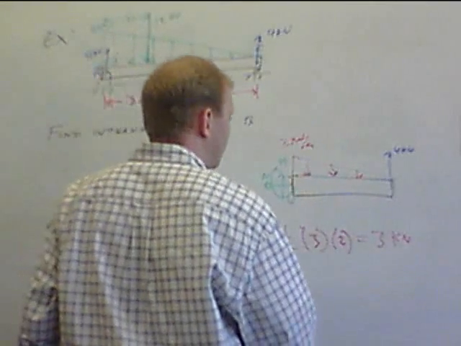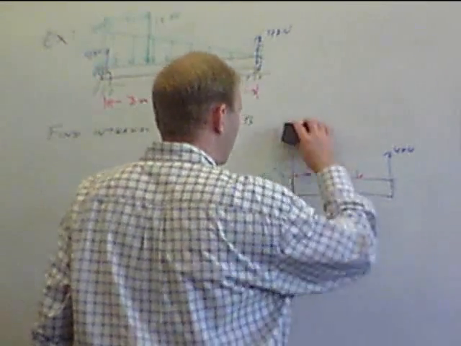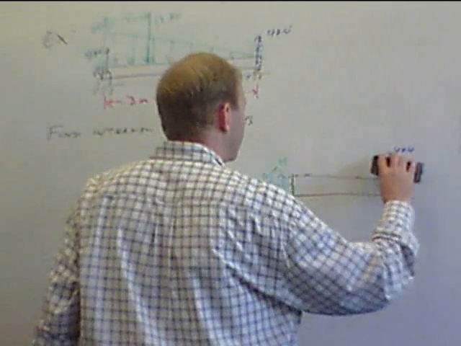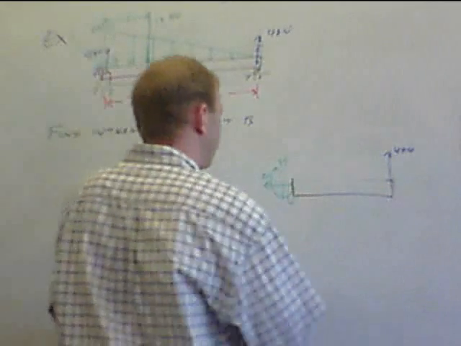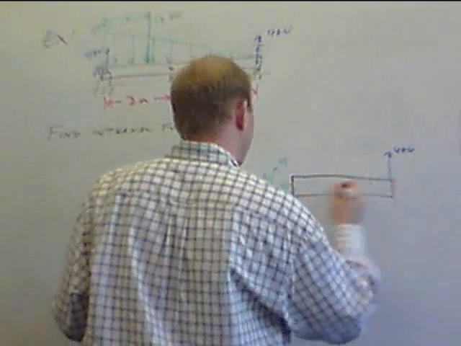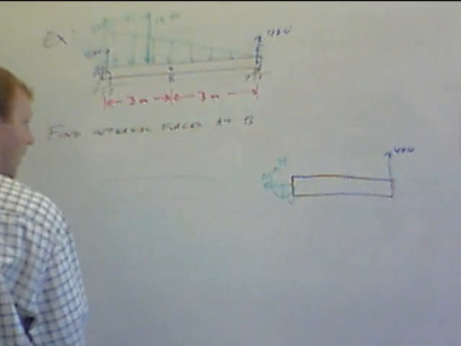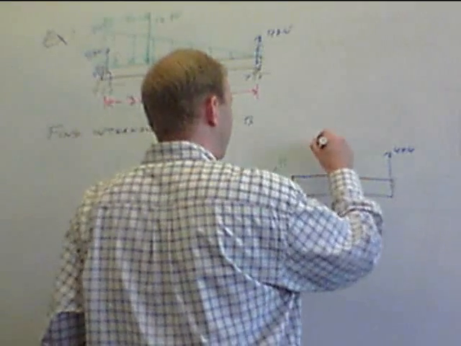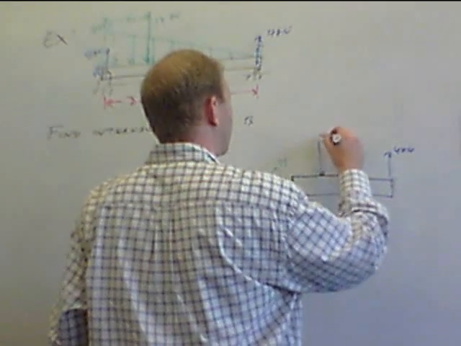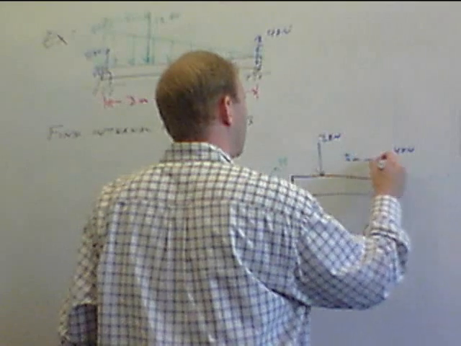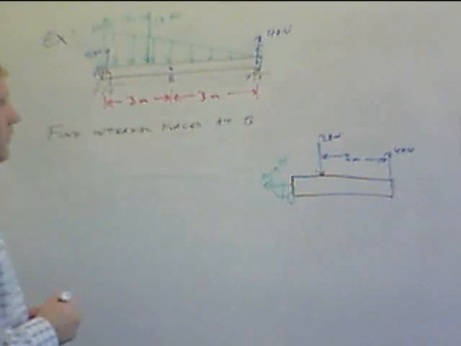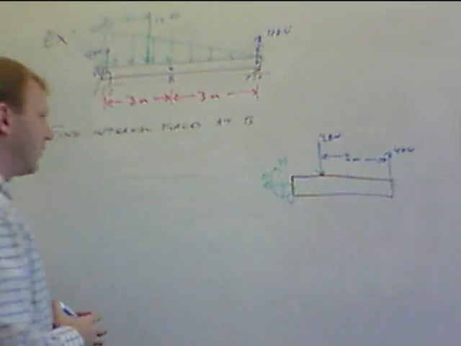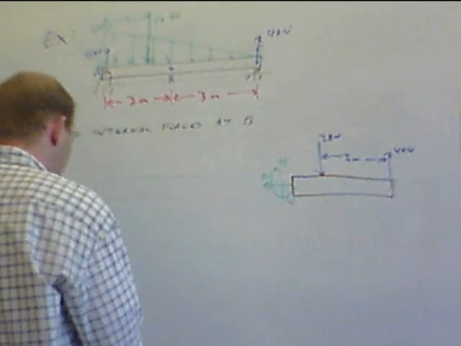So I'm going to replace this piece of my distributed load by a single force that's 3 kilonewtons. And because it was a triangle, it's 2/3 of the way to the high end. So we're there. Okay? And I erased my shear.